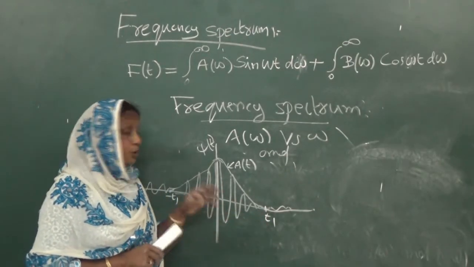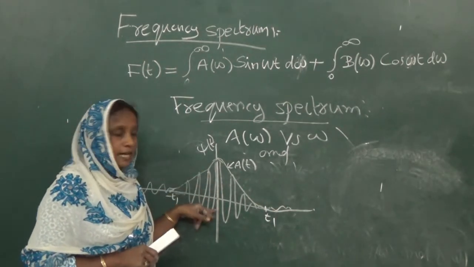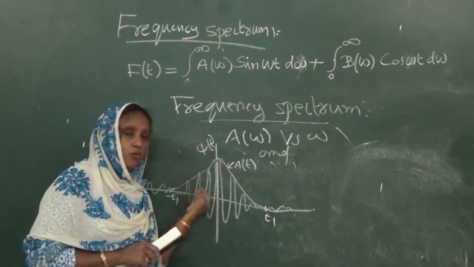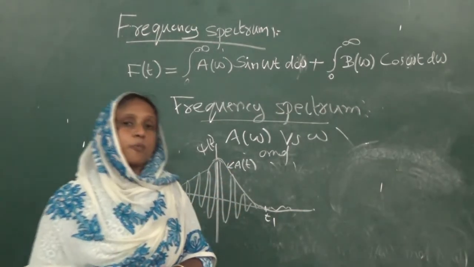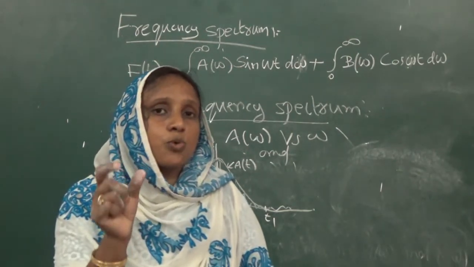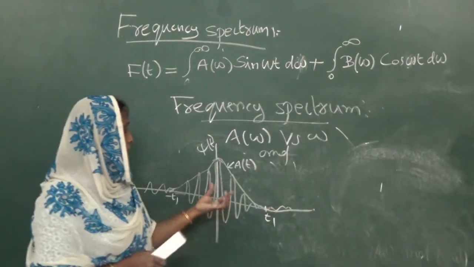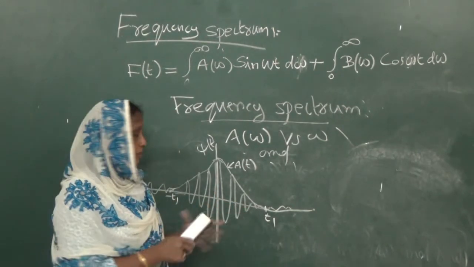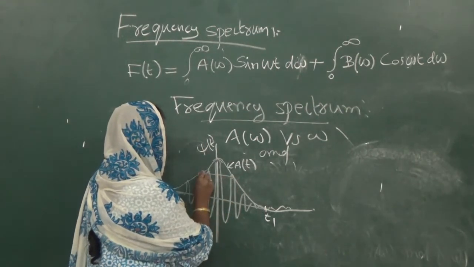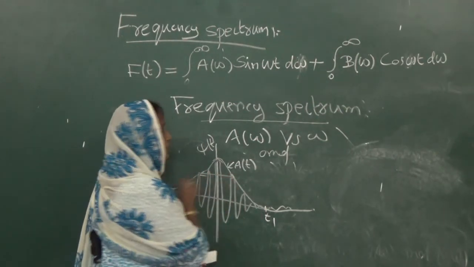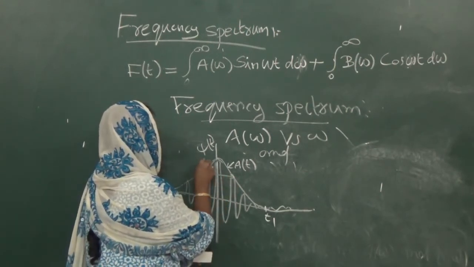Here you can see that the amplitude oscillates such that sometimes it is a very low value and sometimes a very high value. So we normally take the time duration of the pulse as half of its time interval. Suppose the major portion of the pulse lies in this region. You can represent this time duration as delta t.